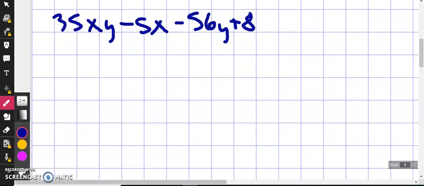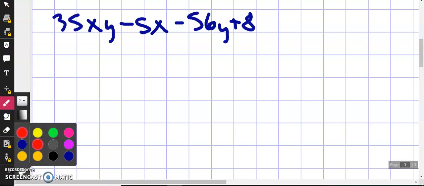And so in this example, we're going to see what happens when they give us 4 terms to factor. If we look at the terms, once again, there's not a greatest common factor because I don't see matching variables in all 4 terms. And I don't see one number that I can divide from 35, 5, 56, and 8. So that tells me that I want to set this up like the ones we just did.